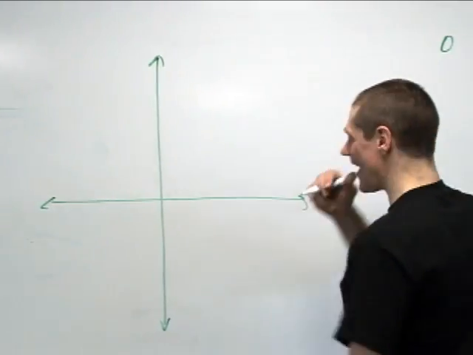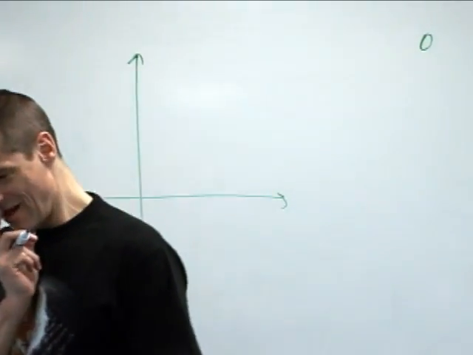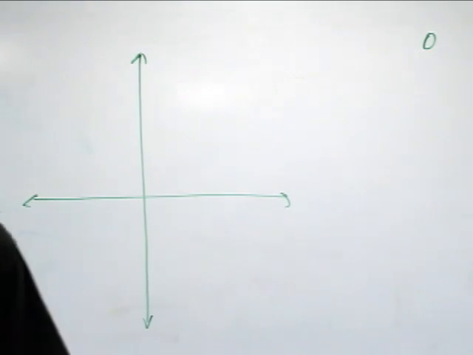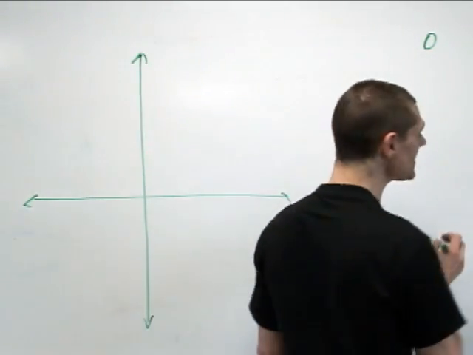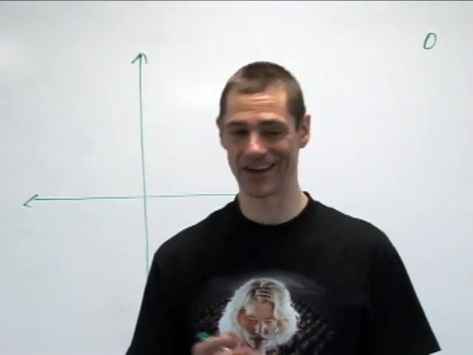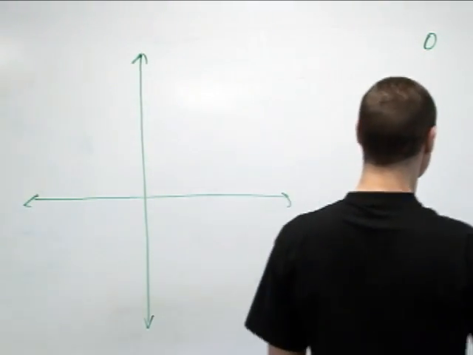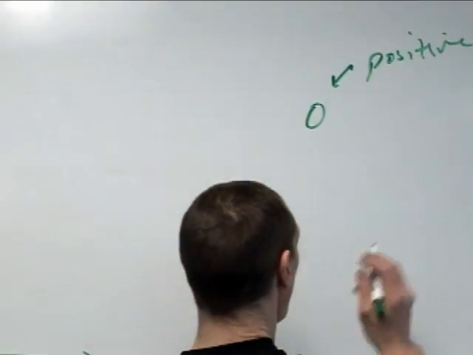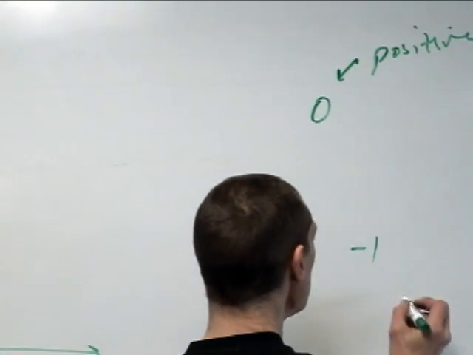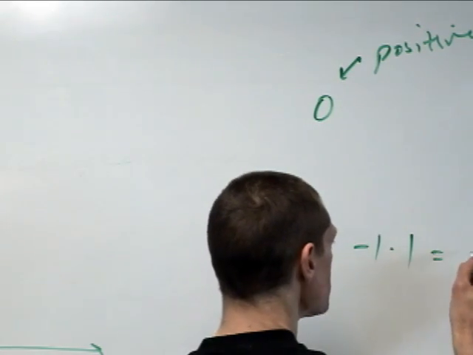Is 0 positive? How could you tell if a number is positive? When you multiply a positive number by a negative number, what happens? This is a little diversion here. Suppose this is positive. Well, when we multiply negative 1 times 1, this is negative 1.